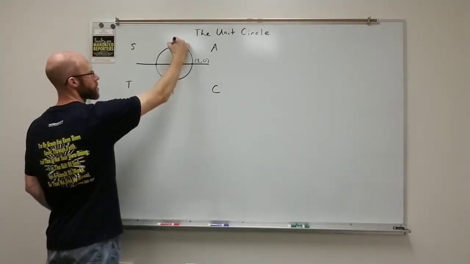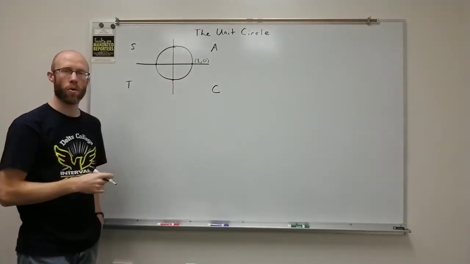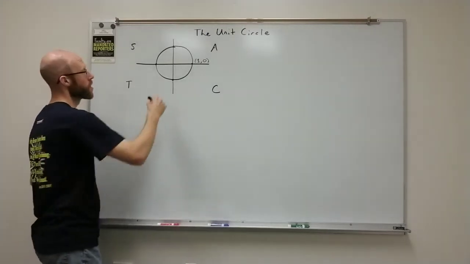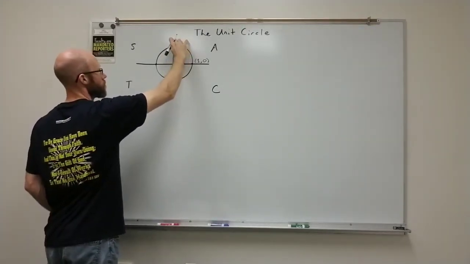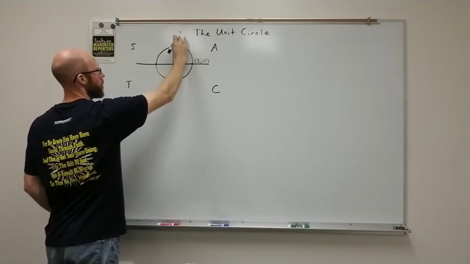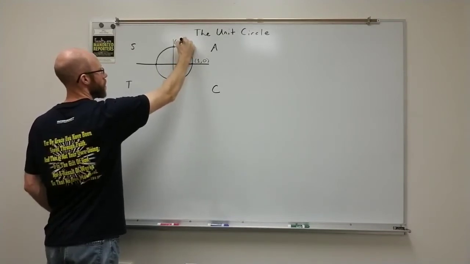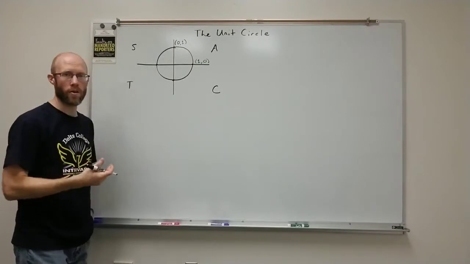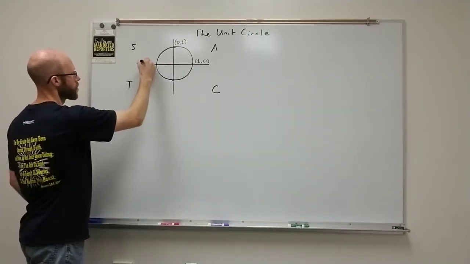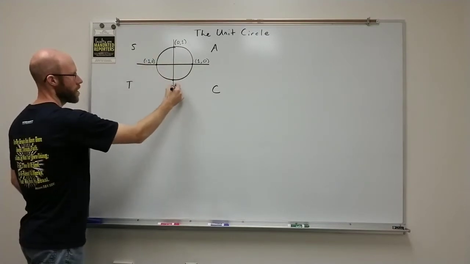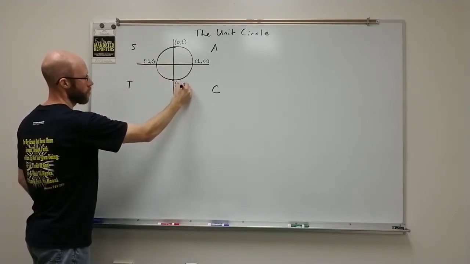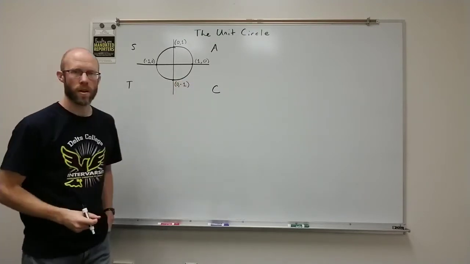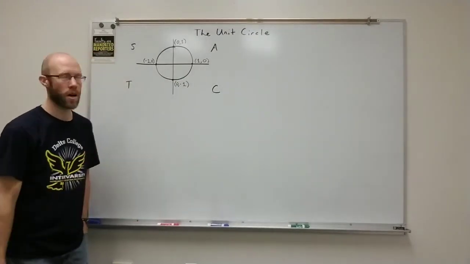Up on the y-axis, an angle of 90 degrees or pi over 2 radians would give you 0, 1. Okay, 1 in the y direction. Over here in the negative axis, it'd be negative 1, 0, and in the negative y, it would be 0, negative 1. Okay, so those aren't too bad, just to note.